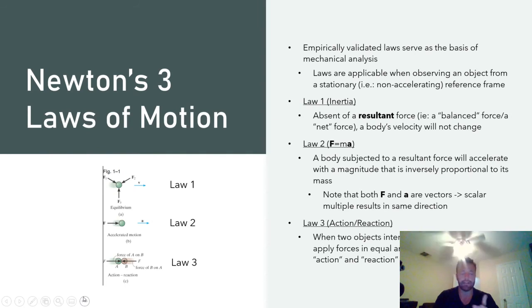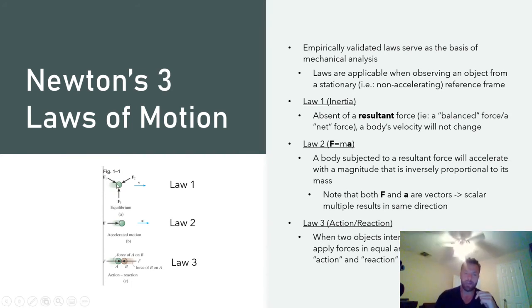The other thing that I did want to point out is, if you want some visualizations of the first two laws, I took this figure from the textbook. You can notice in the first case what they're trying to emphasize is that a body can be at equilibrium. There are lots of different ways to say this. Equilibrium means, in their terms, a balanced force. It can also be said as no net force or no resultant force.